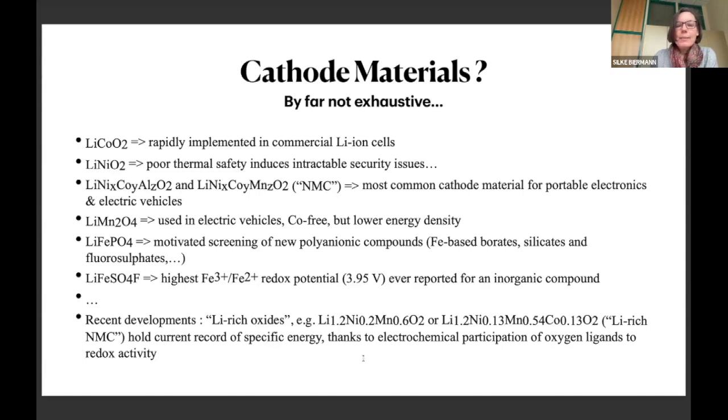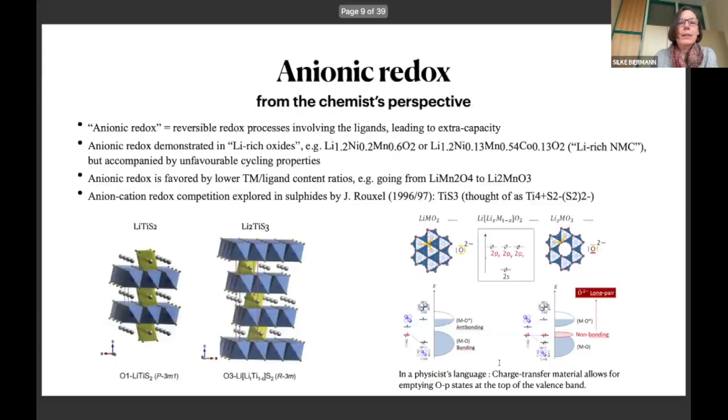And that is thanks to precisely this issue: with the lithium being on the transition metal site, the charge compensation is done by the ligand, and that means that the oxygen ligands here take part in the electrochemical processes, in particular in the redox activity, which is a means to enhance the capacity of your battery material.